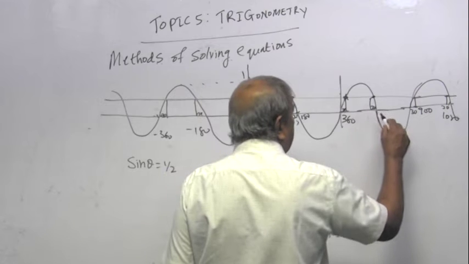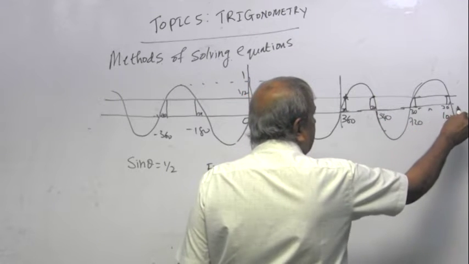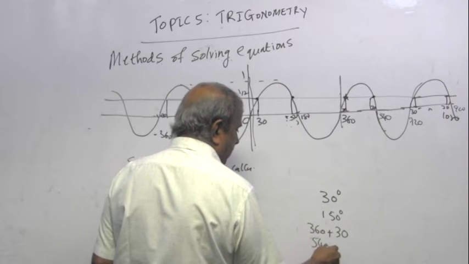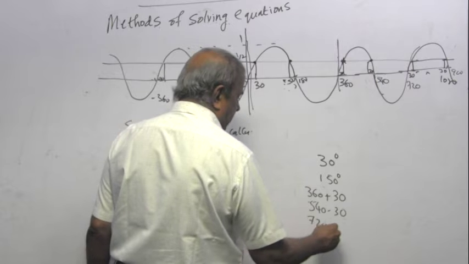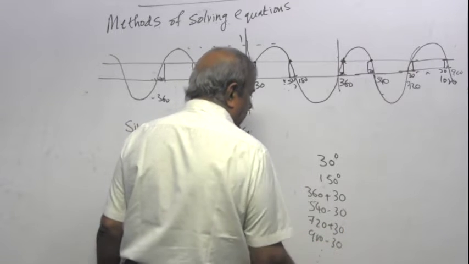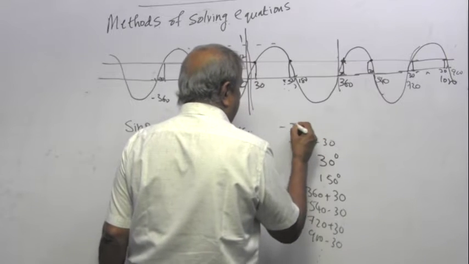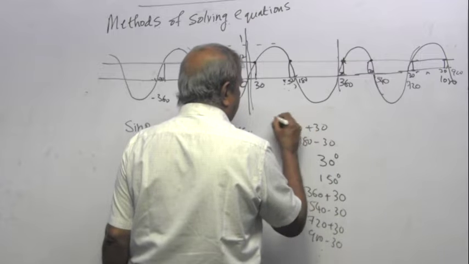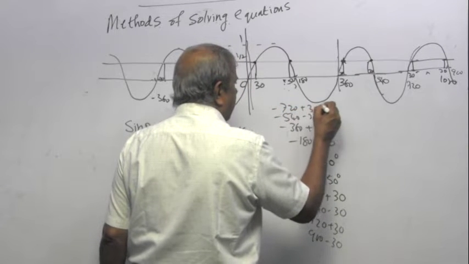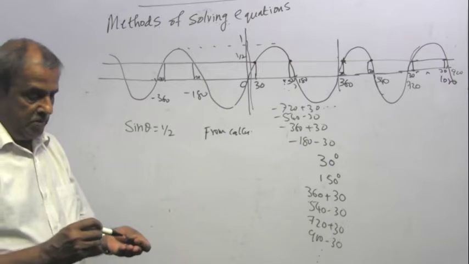It should be 540, that should be 720, that should be 900. So 360 plus 30, 540 minus 30, 720 plus 30, 900 minus 30, and so on. On the other side, minus 180 minus 30, minus 360 plus 30, minus 540 minus 30, minus 720 plus 30, and so on. In fact, in the exam, you can remember the pattern and find all the answers.